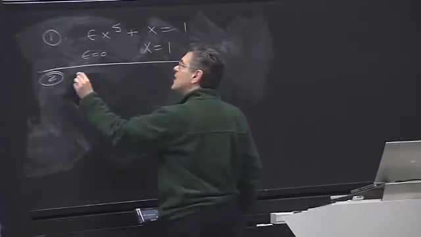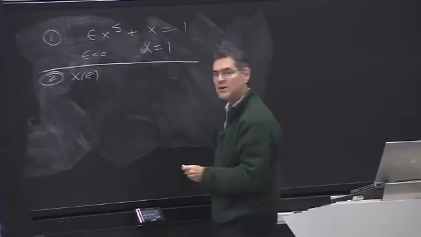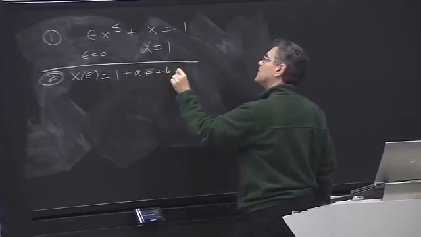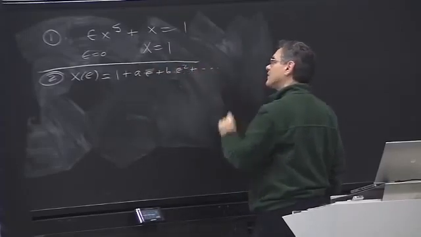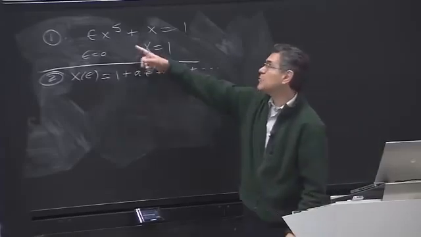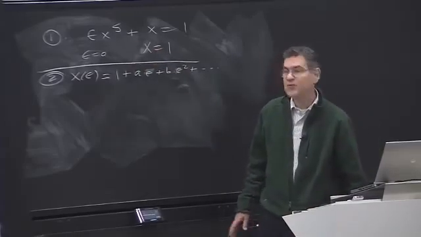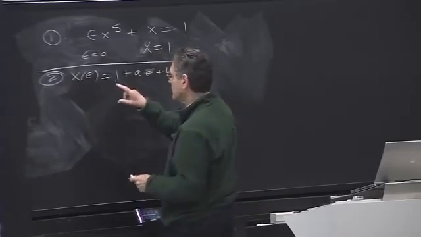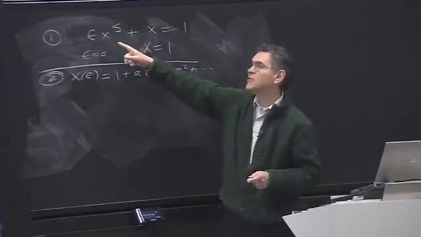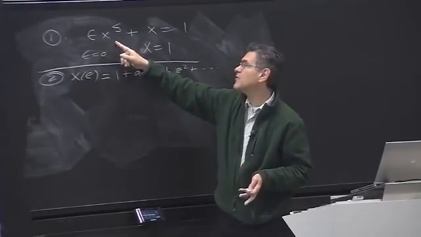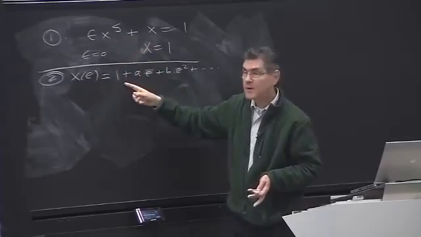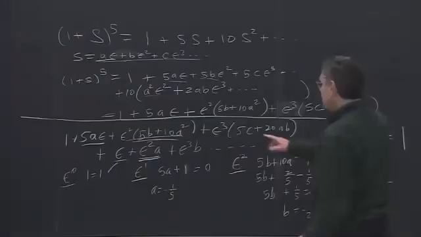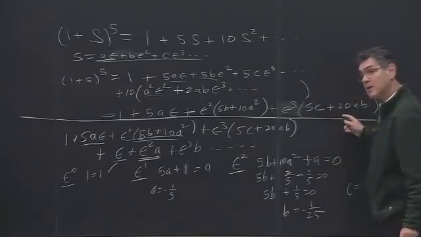Okay? Let's assume that the answer, x, as a function of epsilon, has the form 1 plus a epsilon plus b epsilon squared, and so on. And we plug it into this problem, okay? And let's see what happens. First of all, we already know what happens when you raise x to the 5th power. But now things are going to be a little bit simpler because this thing is going to be multiplied by epsilon.